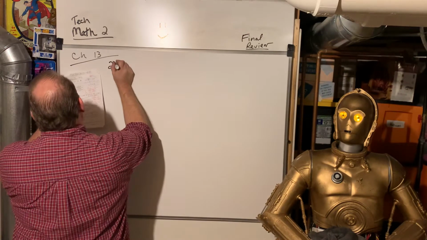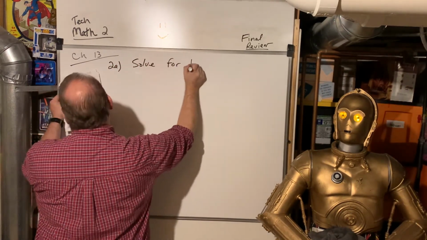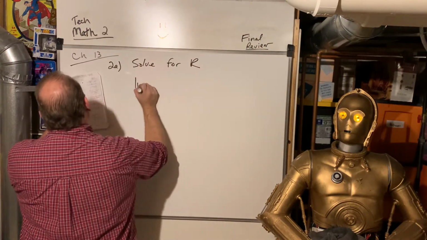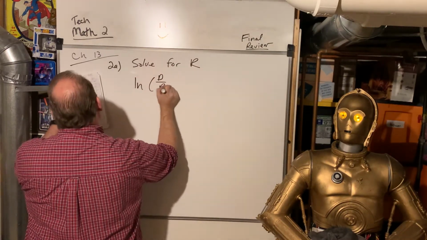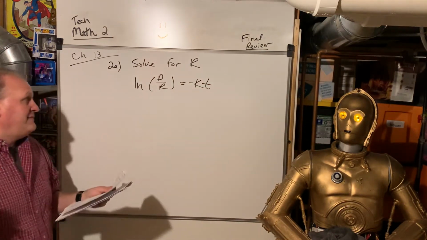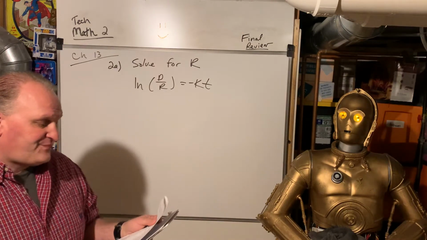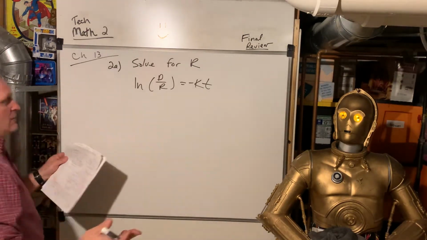So 2a, it says solve for r, and ln d over r is equal to negative kt. Okay, and we did have one very similar to this on the test you just took. So let's go over the couple of answers.